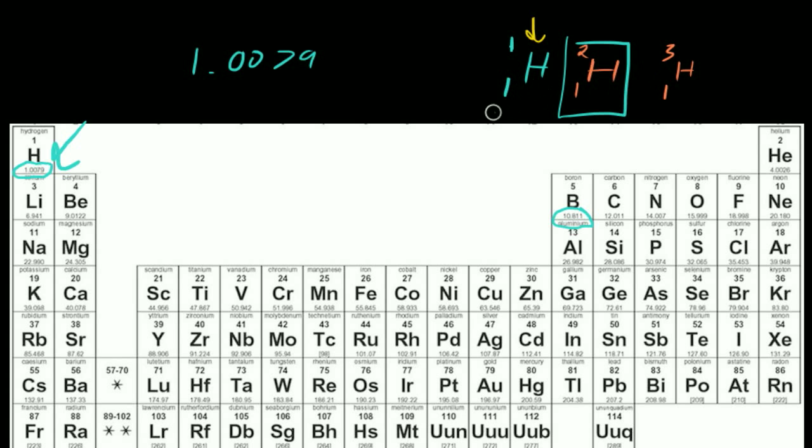So we could make up a number, say that this was like 99.8% abundant, and then this was only 0.1%, and then this also was only 0.1%. And that's not actually what this is. I'm just making up numbers that could be somewhat plausible for the percent abundance of hydrogen isotopes.